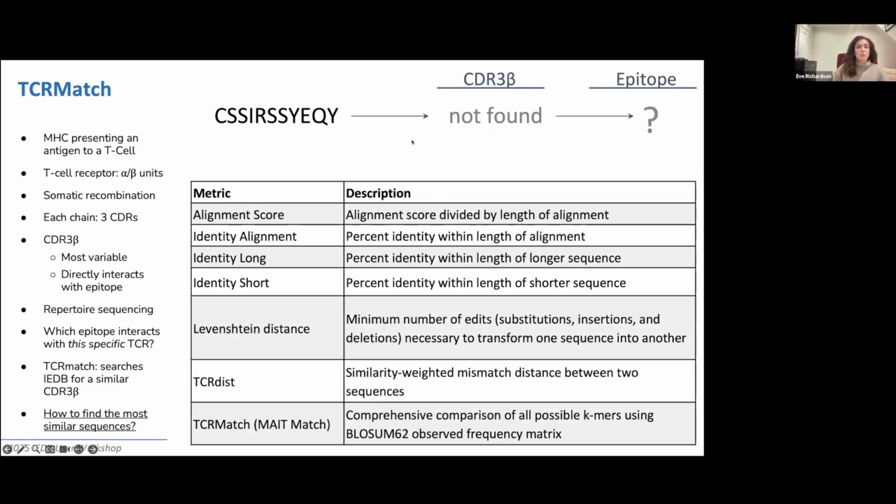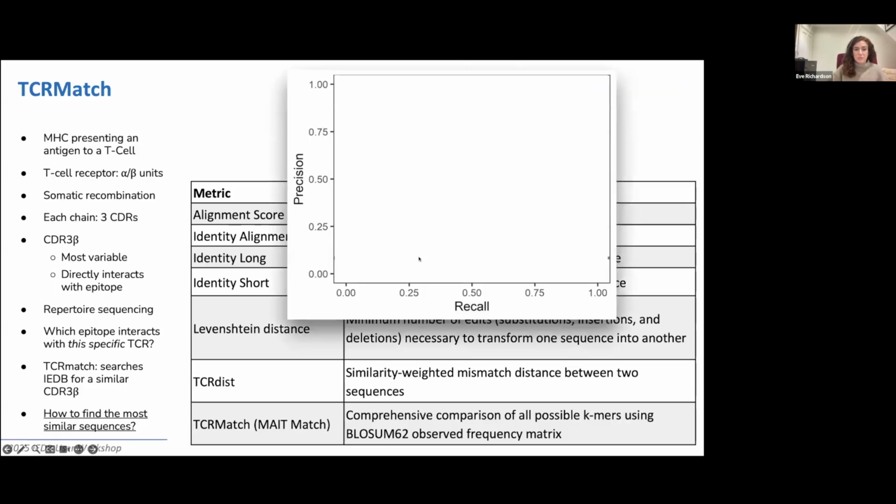That's when we start considering things beyond an exact match. How similar does a CDR3 beta need to be for us to confidently predict that it shares an epitope? If you're more interested in the specifics of the various metrics that have been explored, this is all available in the original 2021 TCRMatch paper. These are various ways to map one CDR3 beta to a slightly different CDR3 beta.